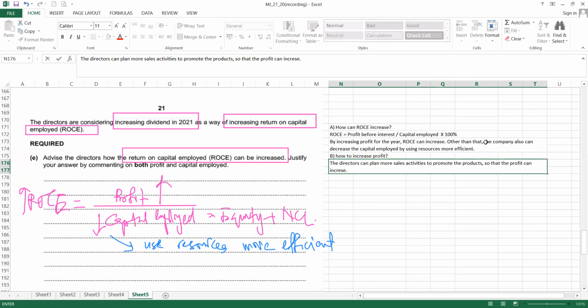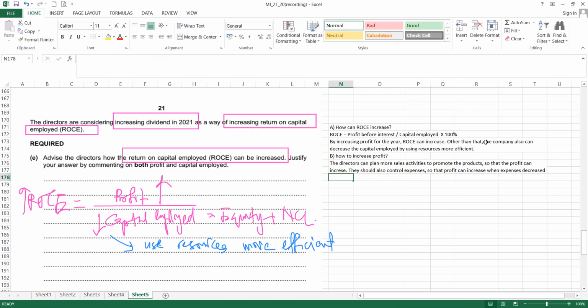Other than that, what the director can do, they should also control expenses so that profit can increase when expenses decrease. So this is about the increase in the profit.